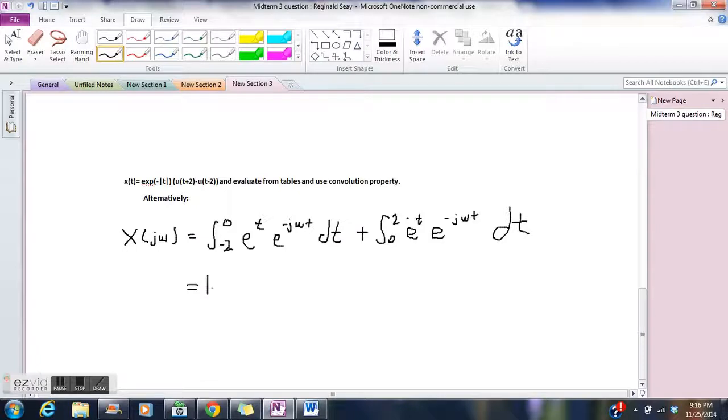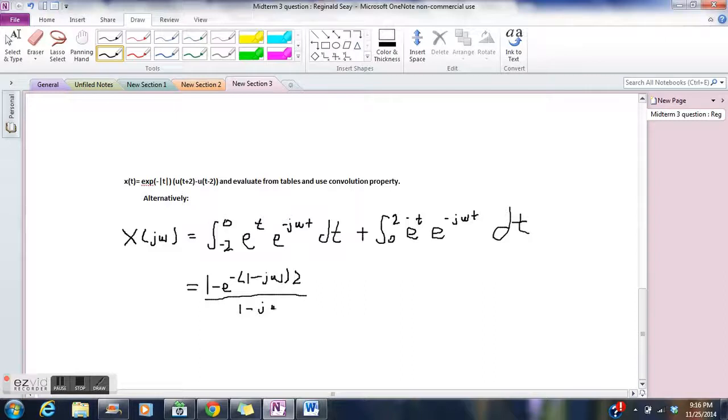Then we do a little bit of algebra, do some integration, and for the first part, the left half, the e to the t times e to the negative j omega t dt, we get 1 minus e to the negative, with the negative outside the parenthesis, negative 1 minus j omega times 2, all over 1 minus j omega.